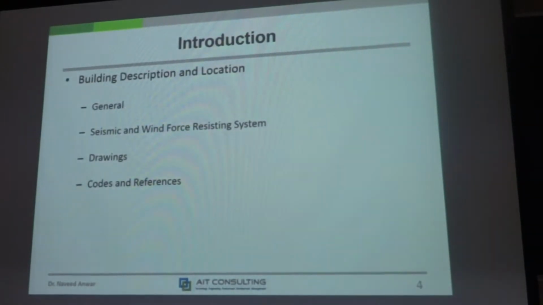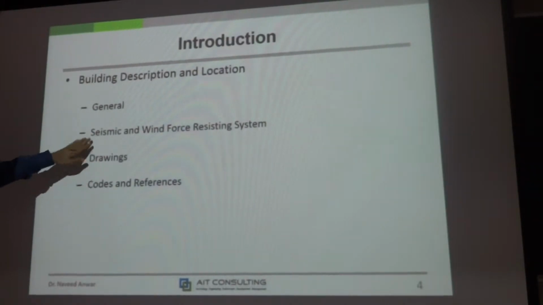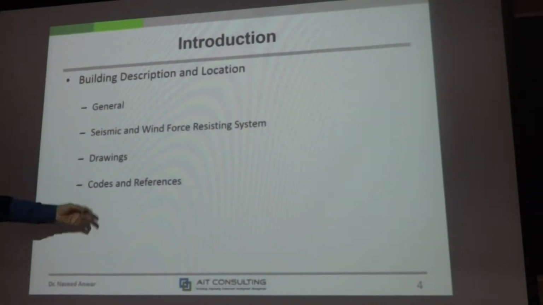Building description and location: this is important because this will determine the wind loading, earthquake forces, and other location-based information like geotechnical data. So it is important to describe the building, where it is located, and what seismic and wind force resisting systems you will use, and then you will write the codes and the drawings to be made. Basically, the building description covers what you plan to do overall for this building, and codes and references will go there.